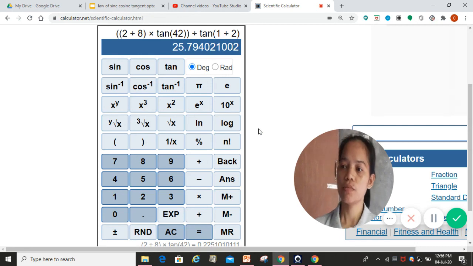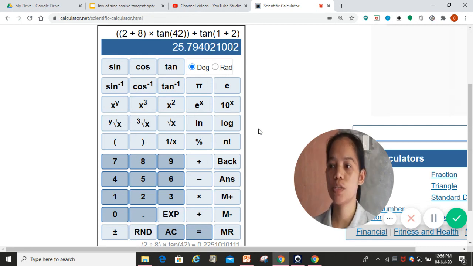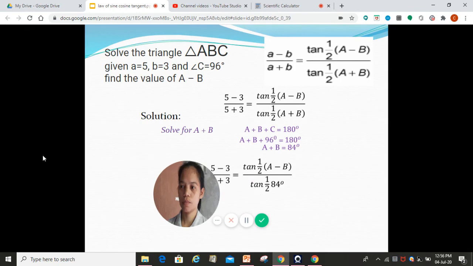You'll have approximately 25.79. Others might get 25.5 or 25.4, so again, it depends upon the setting of your calculator.